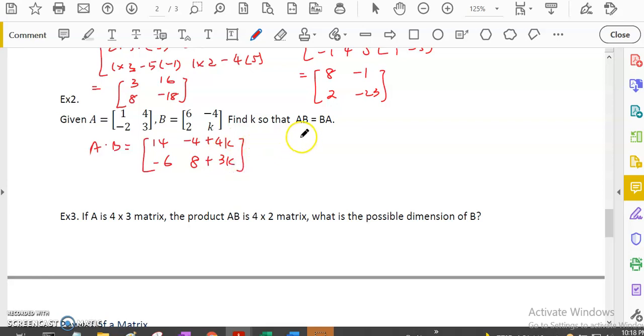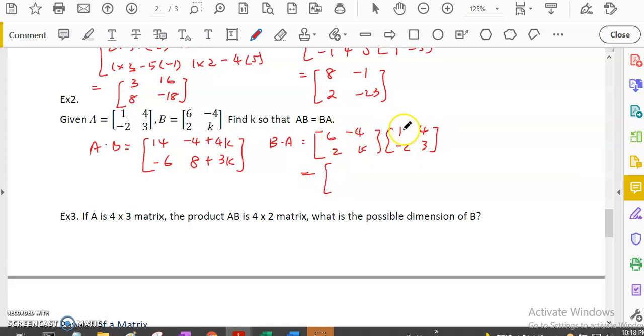So that's AB. And what about BA? I'm going to write it out, because this one is AB. 2K in the front, and then 1, 4, -2, 3. When I multiply, I do the row here and the columns here.